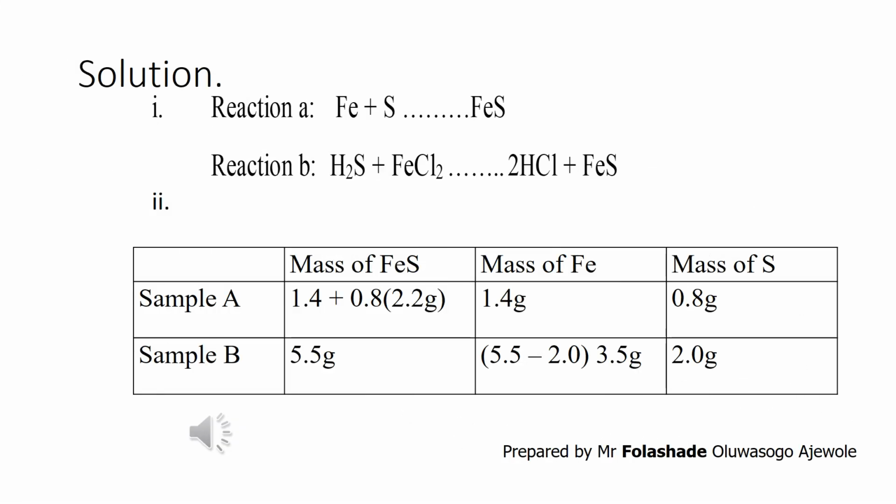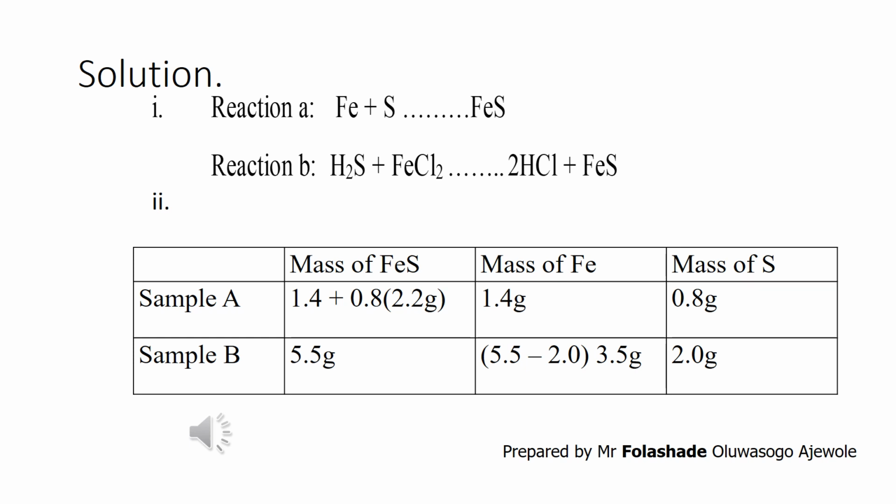Solving this question, the reaction in A is given as Fe plus S to give FeS, where Fe stands for the iron, then S for sulfur, and the iron(II) sulfide produced as FeS. And the reaction in B, we have H2S plus FeCl2 to give 2HCl plus FeS.